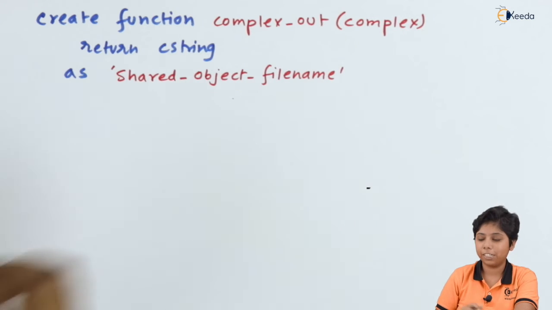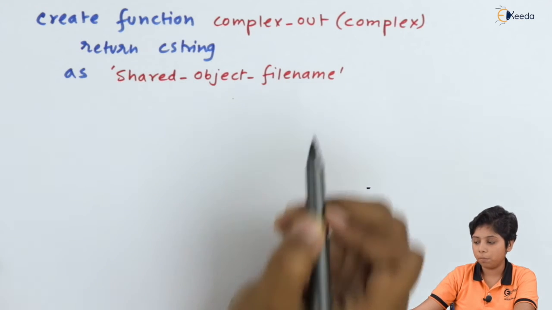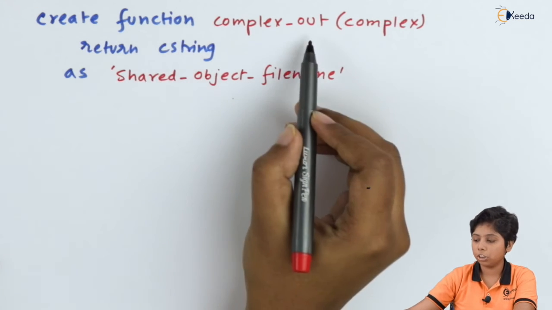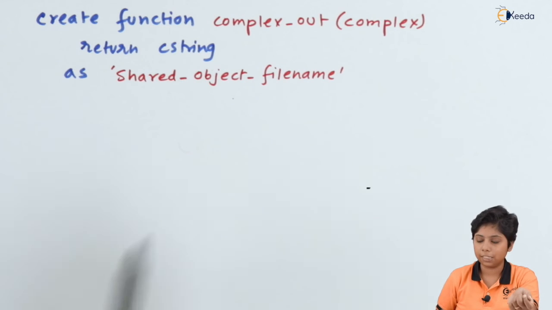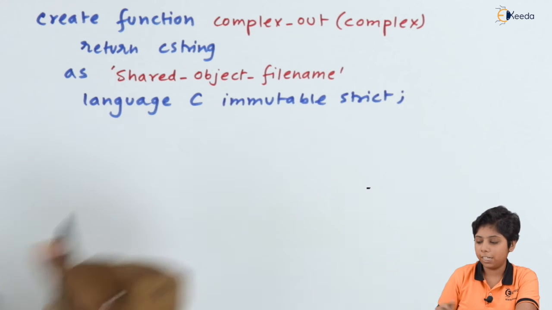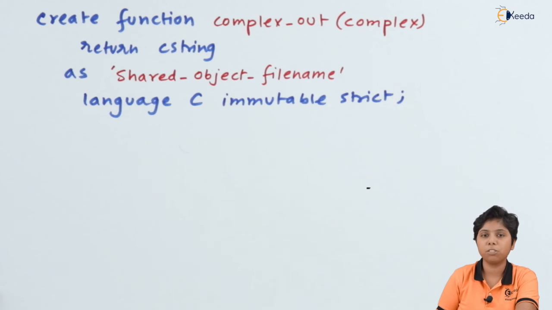So now we are returning the character string as the shared object file name. So inside the function complex_out, we are giving an output on complex data, that is the shared object file name. Now the language we are using here is C with an immutable strict notation. Now this is the proper declaration of a function.